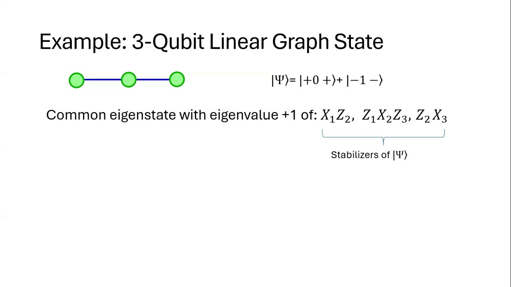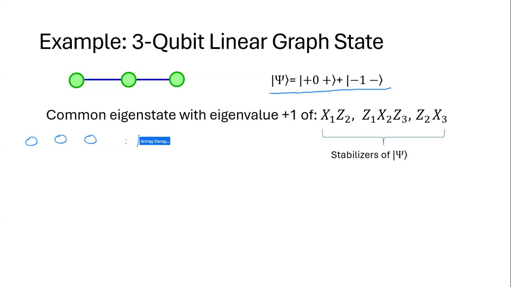Okay. So let's see. Okay, so we're interested in this state, right? Now, let's start with 3 qubits just separated from each other. So the graph that we're starting from is this: just 3 qubits that are completely separated from each other.